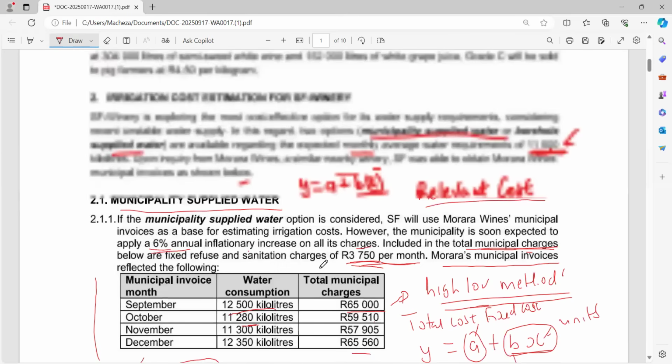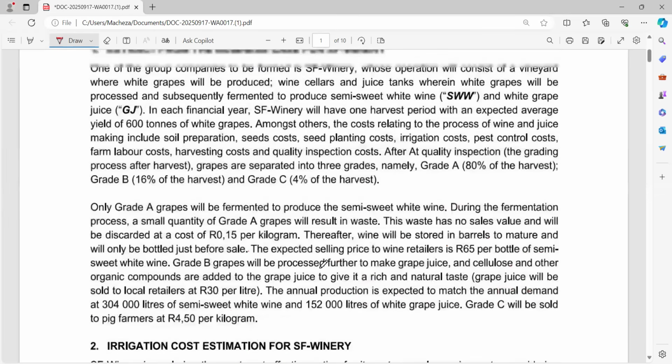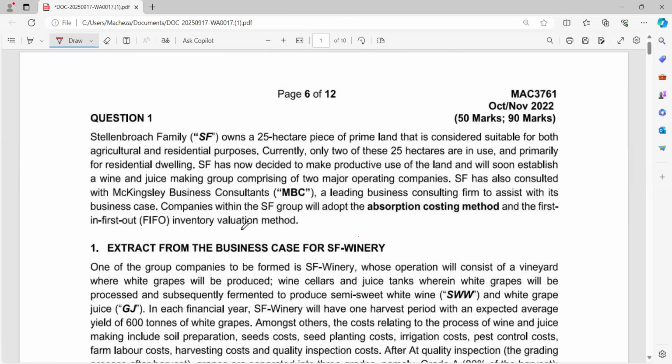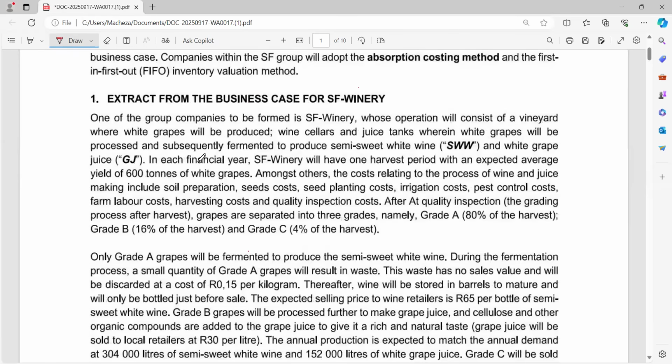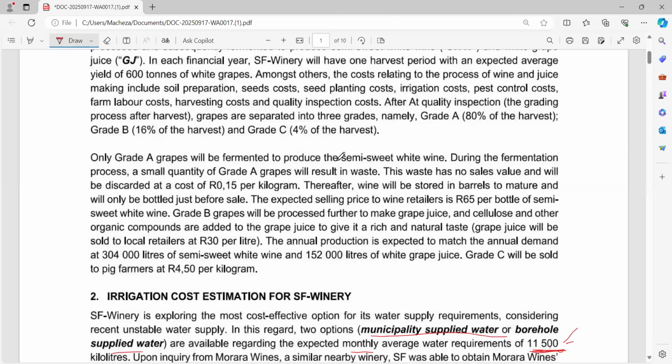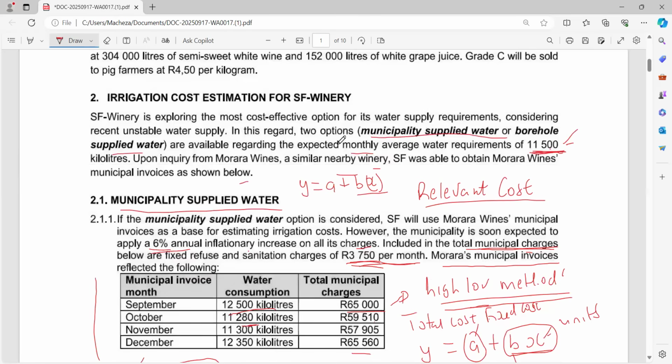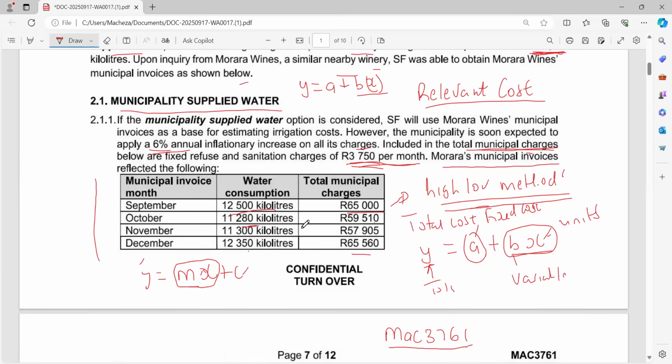Each question has got its information. Since we answered A, we used the extract from the business case to answer A. We never go back there. After we are done with the irrigation cost estimation, which answers B, you might find that we might not even go back there when we are answering C.